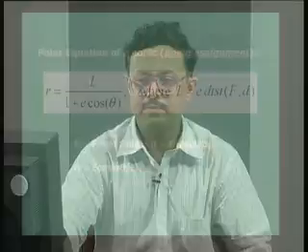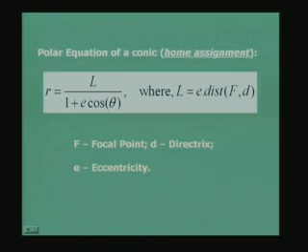But I will probably give you a home assignment right now to derive the polar coordinate equation of a conic. The polar equation of a conic, take this as a home assignment. If you look back into this slide, I will give you the answer, try to derive this and take it as a home assignment.